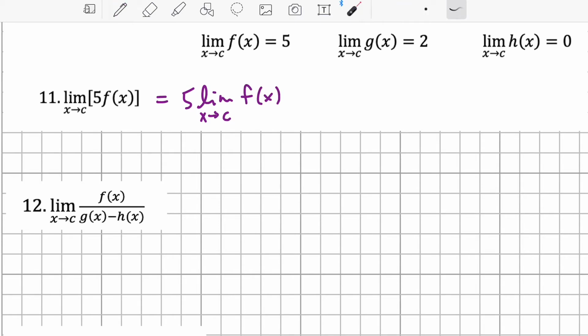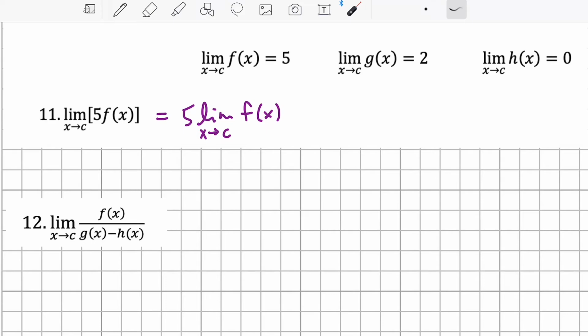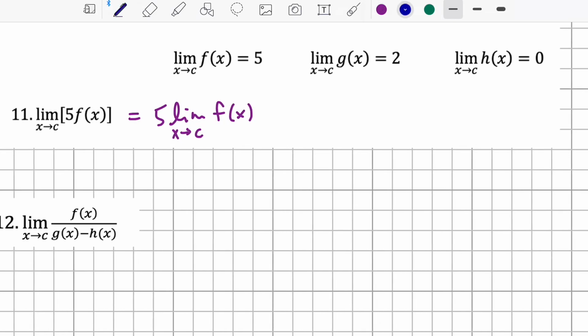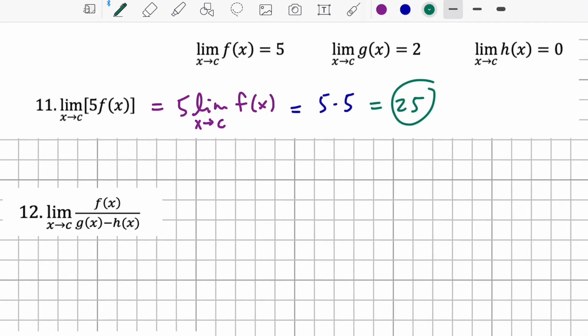Now, what I want you to notice is this part right here is this. So we know the limit is equal to 5. So now we have 5, that's the outside 5, times 5, the limit. So that will give me 25. Easy. Let's go on to the next one.